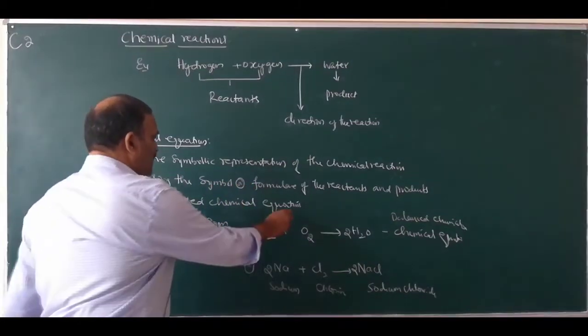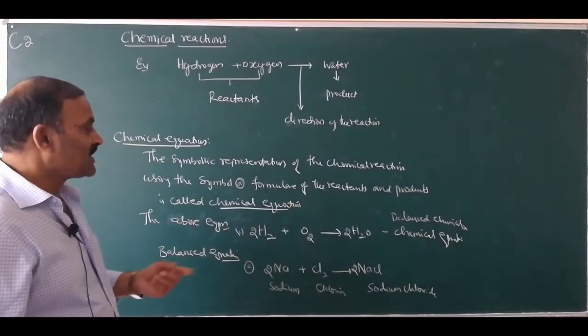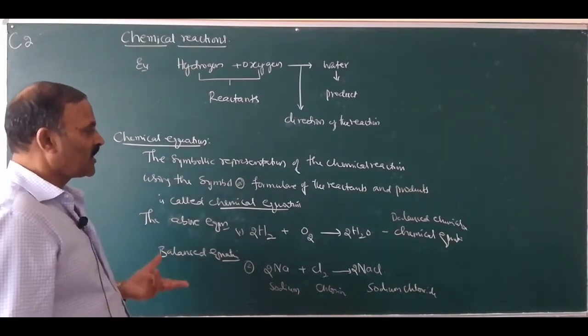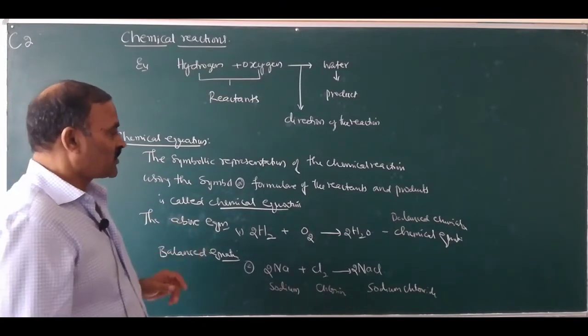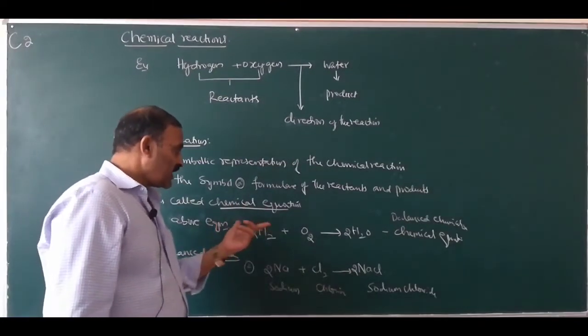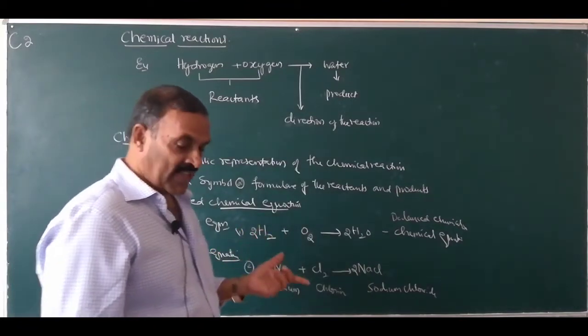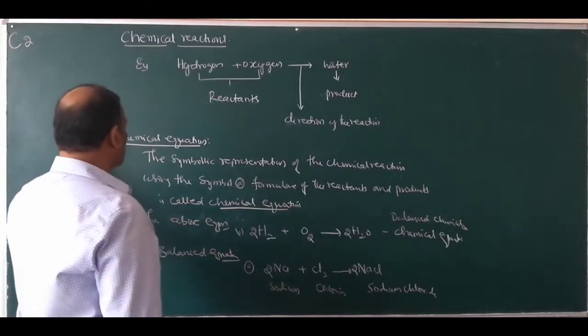That is what is known as a chemical equation. Then what is a balanced chemical equation? A balanced chemical equation is a chemical equation in which the number of atoms of each element on either side of the equation must be the same.